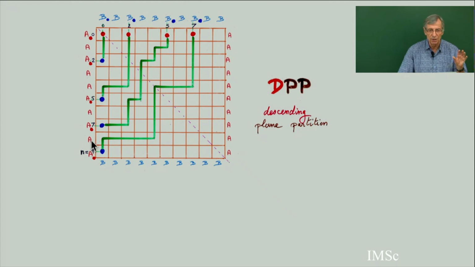The special condition is that the starting point of the second path is exactly the symmetric, about the diagonal, of the ending point of the previous path. If you take the symmetric of this point, you get this.